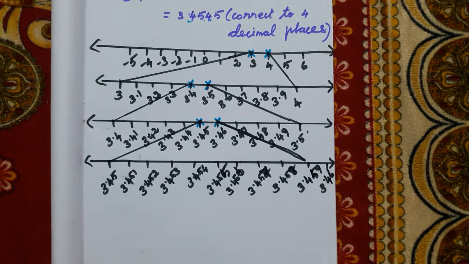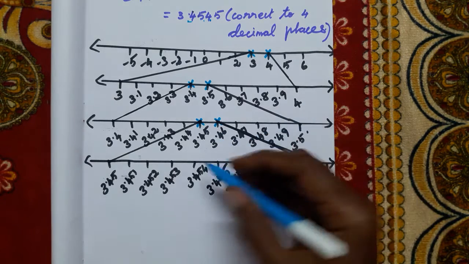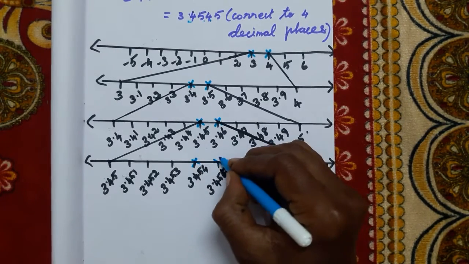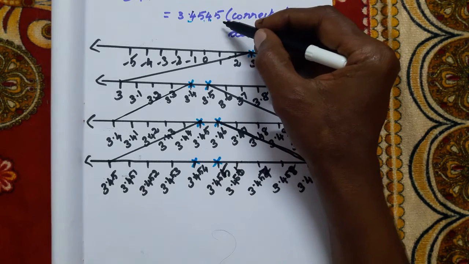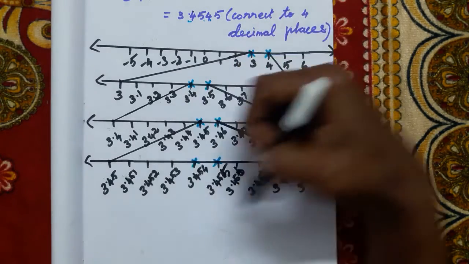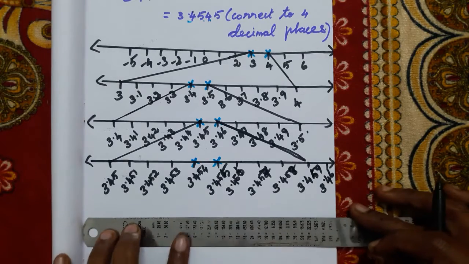So 3.4545 is between 3.454 and 3.455. Mark these two numbers, 3.454 and 3.455. Next, again we have to draw a number line up to 4 places of decimal. Up to 4 places of decimal means we have to draw one more number line.